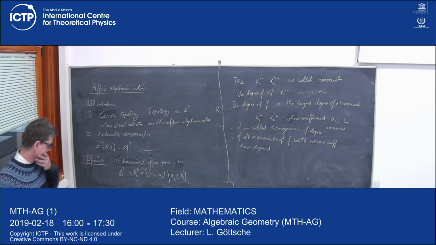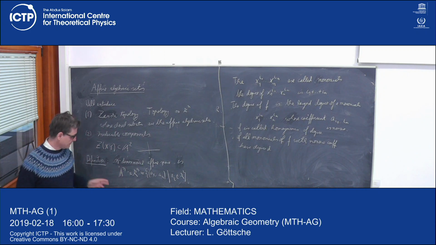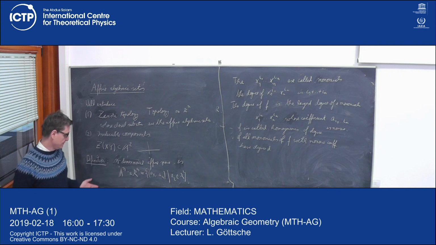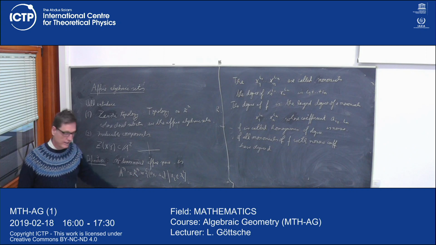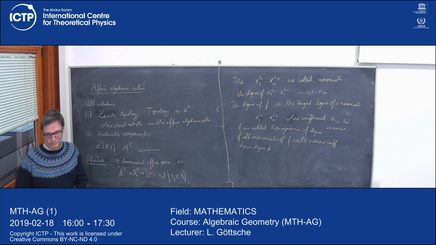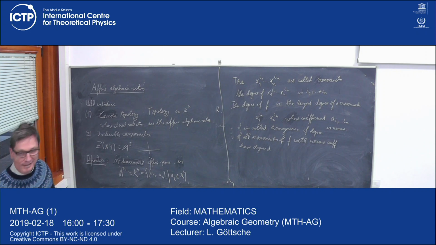Okay, so this seems maybe a bit nonsensical, to give a different name to k^n, but that's the standard usage in algebraic geometry. This space, k^n, is called n-dimensional affine space and denoted A^n. Okay, so that's what it is.